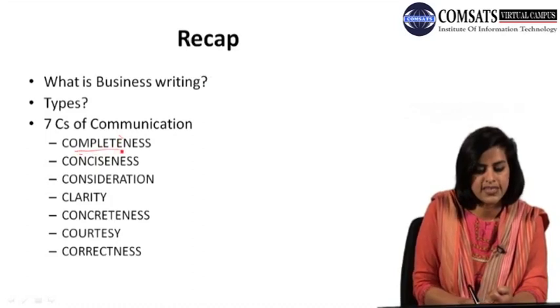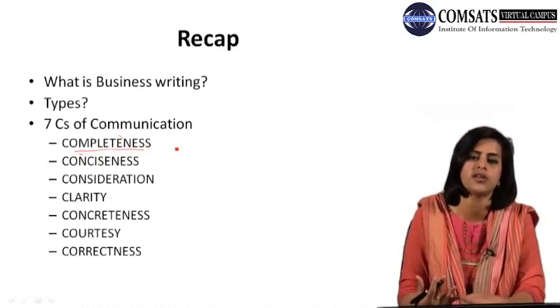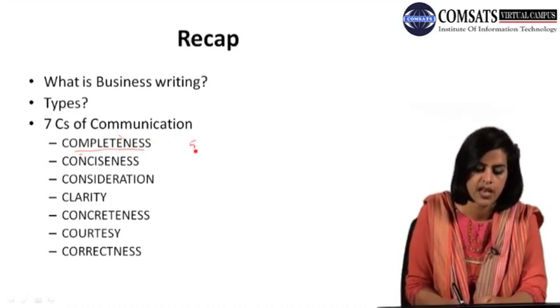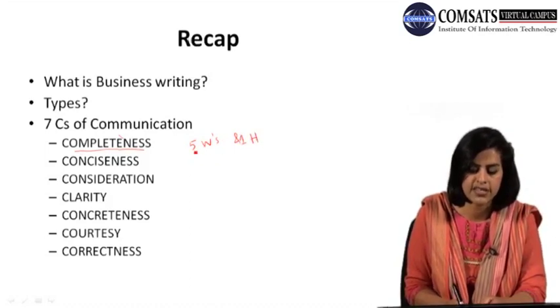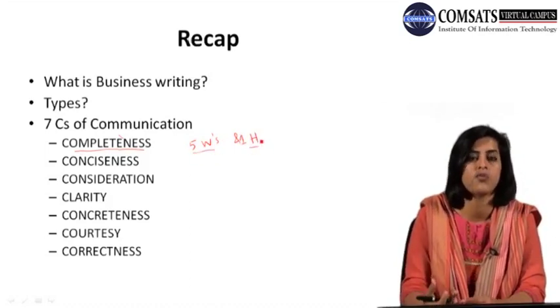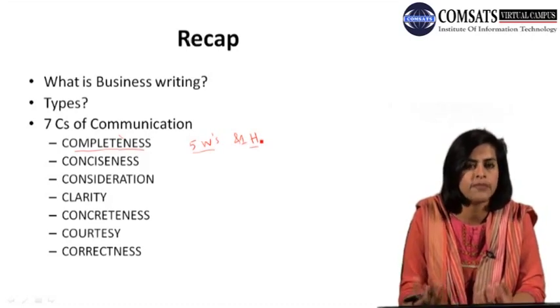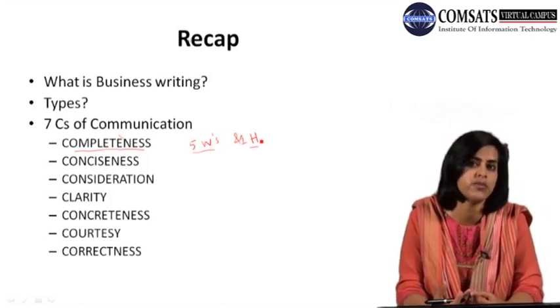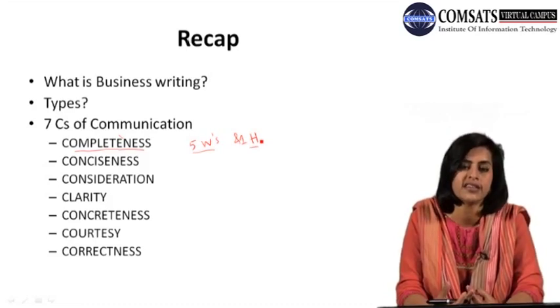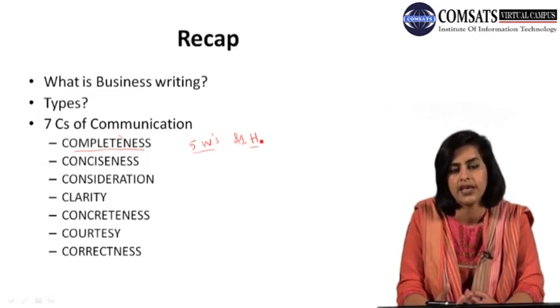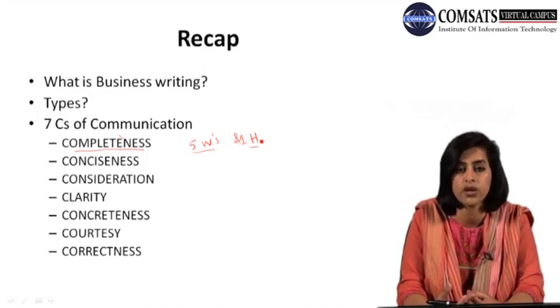First of all, we discussed completeness, in which we talked about how you can make your message complete by keeping in mind 5 W's and 1 H. These are what, where, why, who and when, and 1 H stands for how. These are required in your writing once you are trying to communicate your message to the next person.